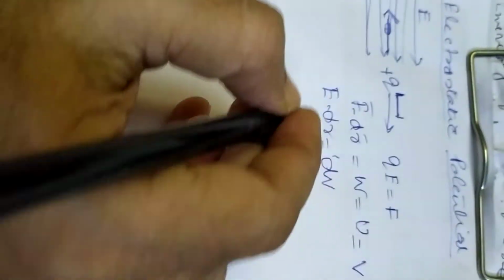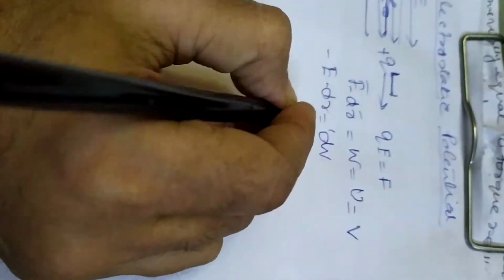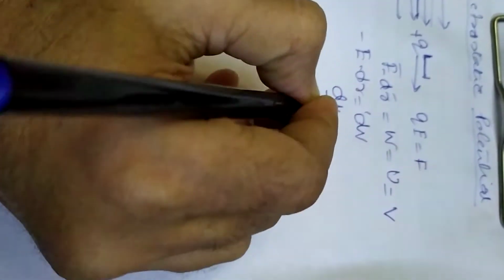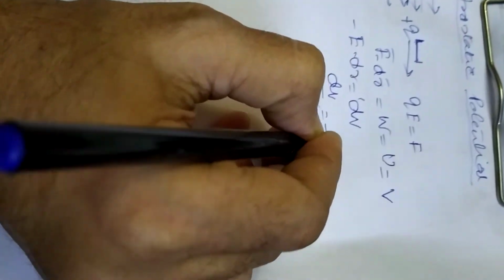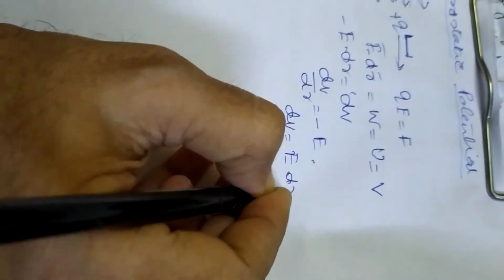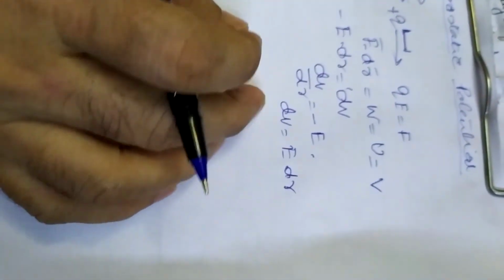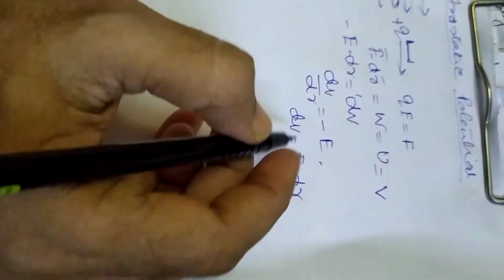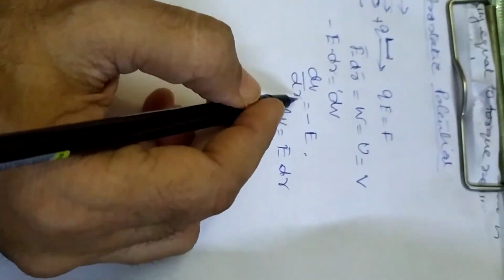We are doing work against the force, so we write minus. So dV by dr is equal to minus E. So we write dV equals minus E dot dr. This is one way we can deduce the potential energy, and we get a relation between the potential and dr.